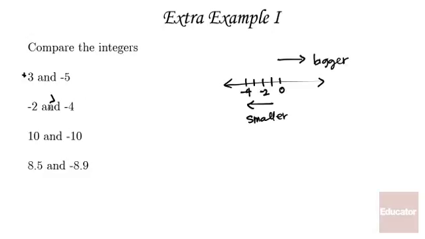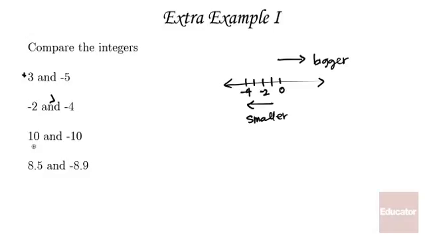Owing $4 is worse than owing $2, right? If you owe $2, then you have more value, or it's bigger, because you owe less, and the more you owe, the worse it is. So negative 2 is going to be bigger than negative 4.